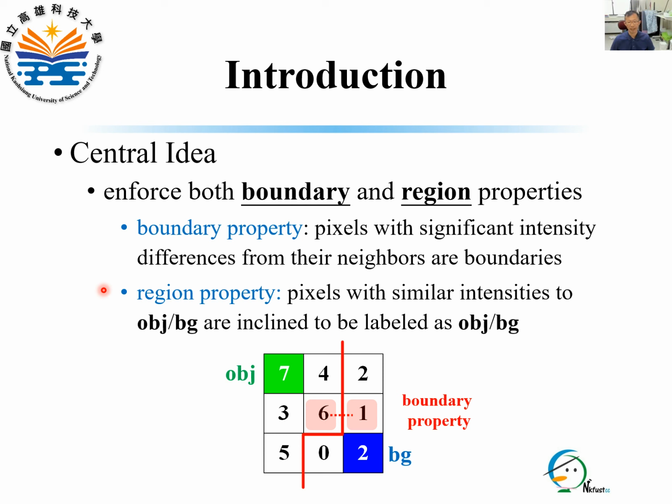The region property indicates that pixels with similar intensities to object and background are likely to be labeled accordingly. For instance, the pixels with intensity 6 close to object intensity and 0 close to background intensity are likely to be labeled as object and background respectively.